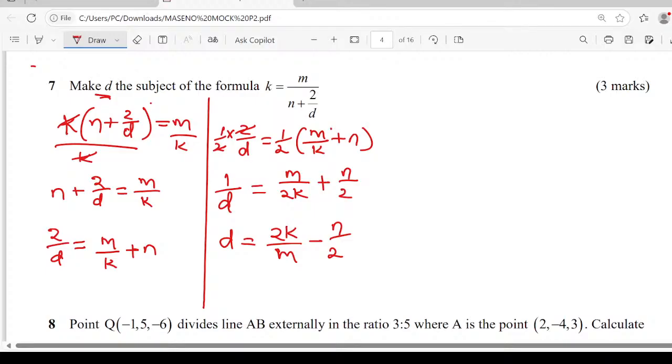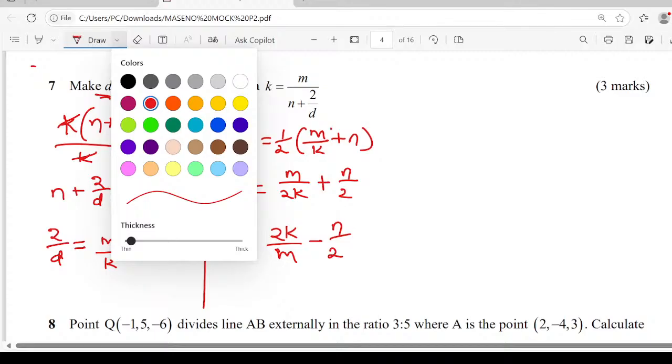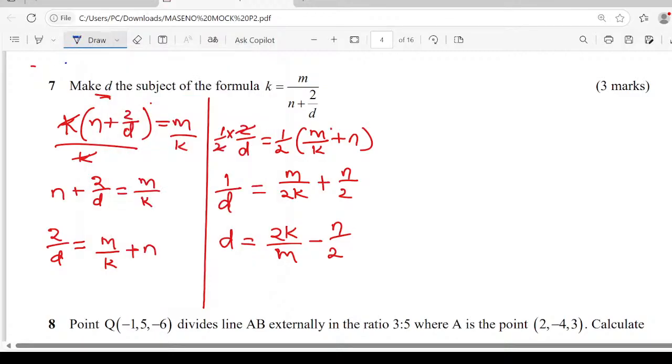Alternatively, another approach, maybe let me use now our blue pen. After the multiplication, whereby I obtained k into n plus 2 over d being equivalent to m, this will now become, let's say, kn plus 2k over d when you open the bracket, being equivalent to m.